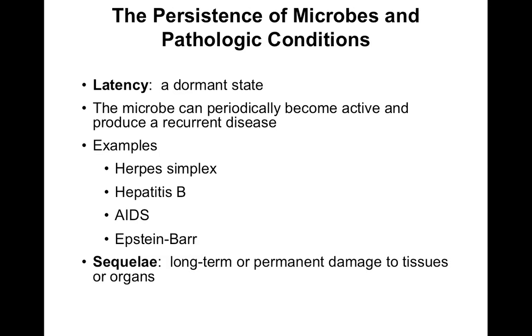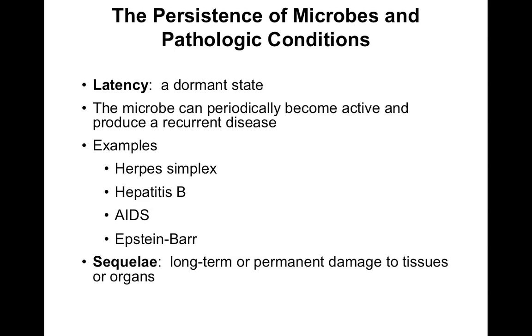So microbes, if you're a good pathogen, you need, like I mentioned before, you need to be able to persist in your host of choice without necessarily killing your host. And one way of doing this is by becoming latent. And latent is where you kind of have a period of time where you're not really infecting or causing damage to the host.